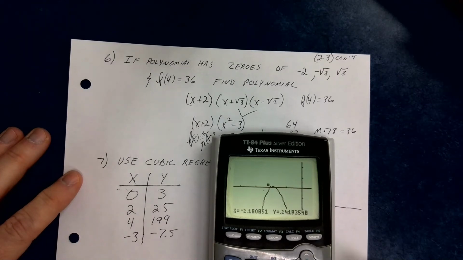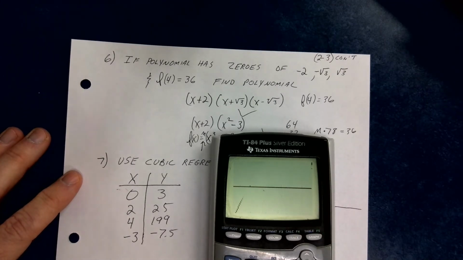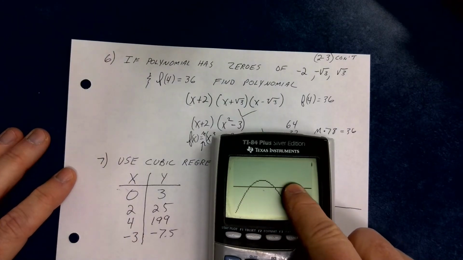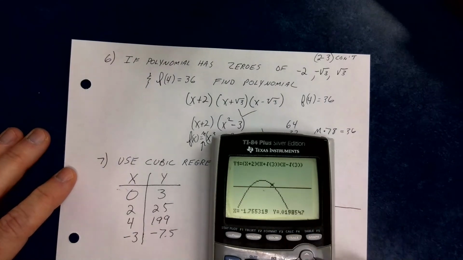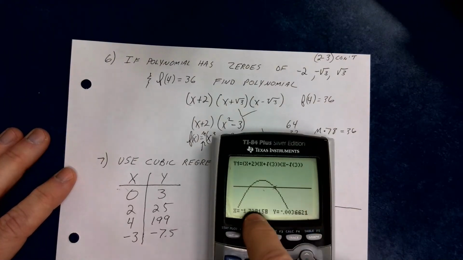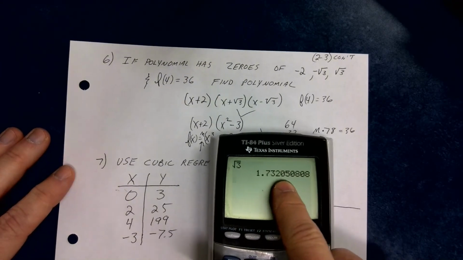I'm going to go here, I'm going to go down, and I'm going to go over, and I'm going to zoom in on that area and hit enter. And now you can see that it actually does come up, right? And if I go trace, you can see that's 1.72-ish, which, home screen, square root of 3 is right in that area. Are you good?